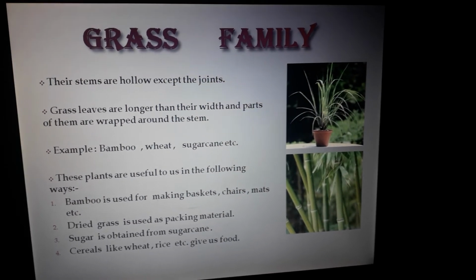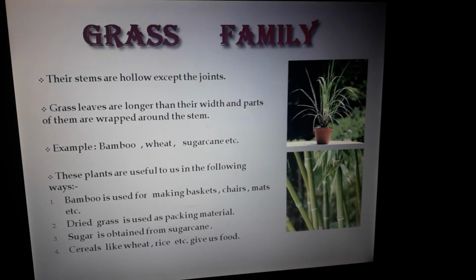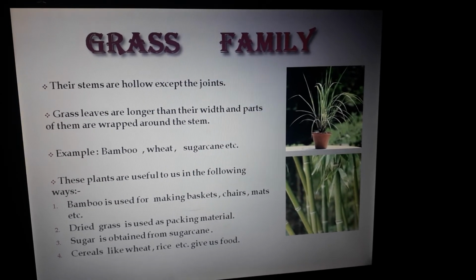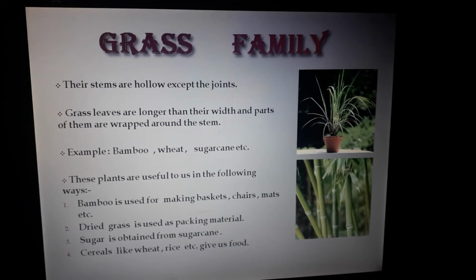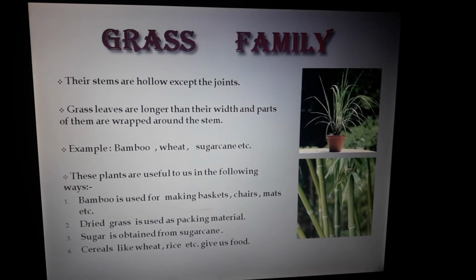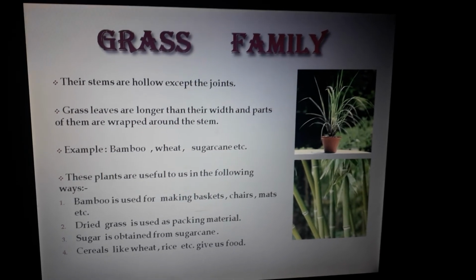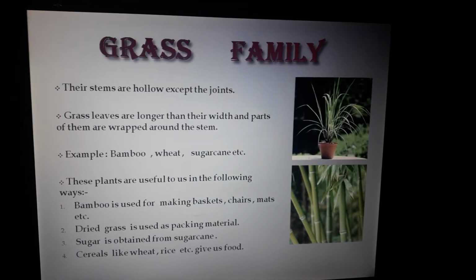They are hollow inside. Grass leaves are longer than their width and part of them are wrapped around the stem. As you might have seen on the bamboo stick, the leaf of that plant is wrapped around the stem in the initial stages. Examples are bamboo, wheat, sugarcane, dried grass, cereals, etc.